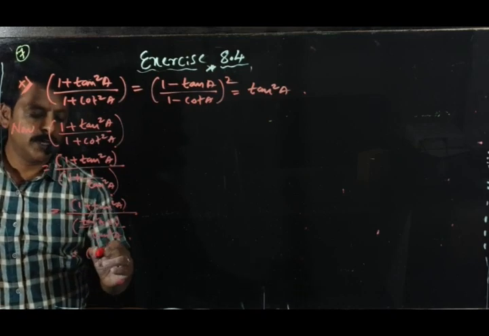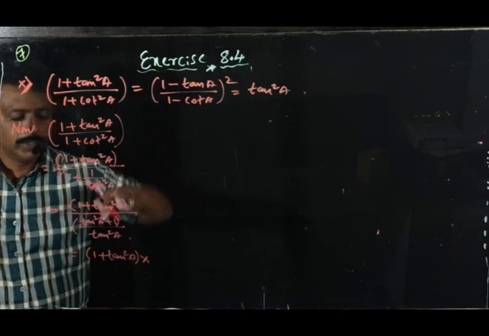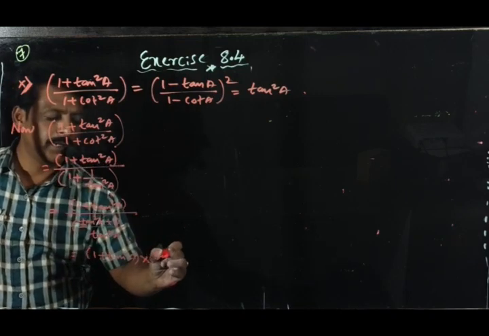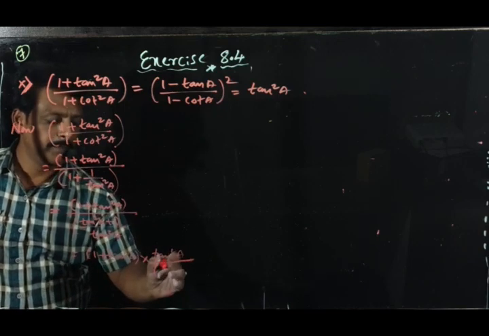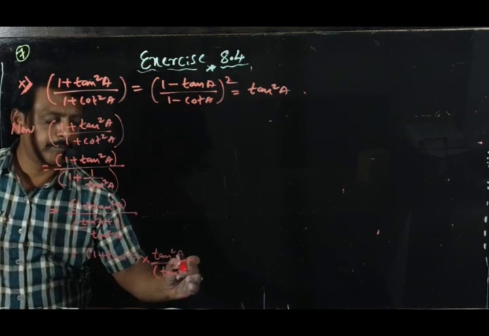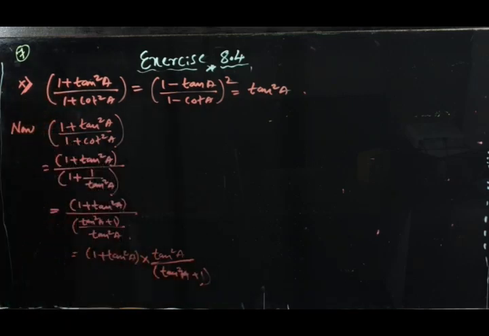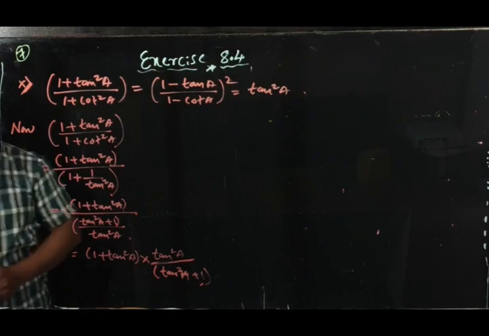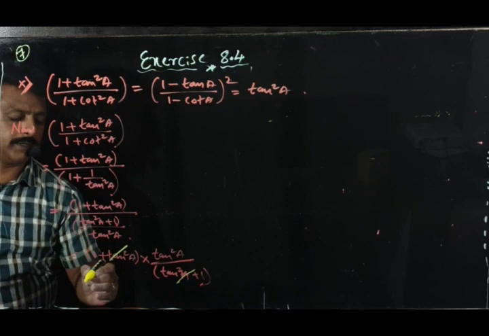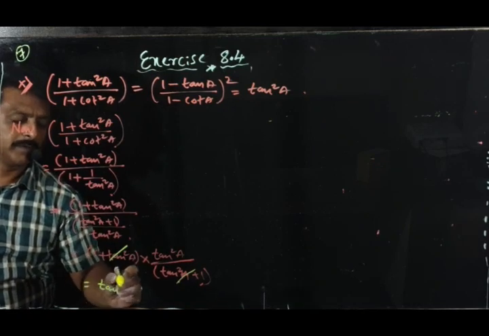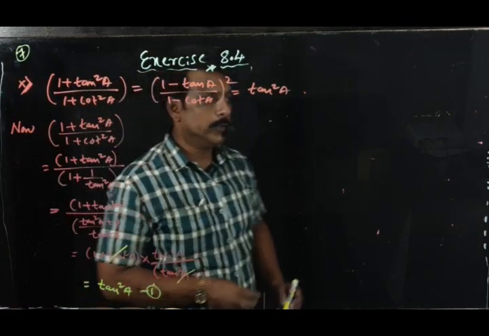So (1 plus tan square A) as it is, into the reciprocal, tan square A divided by tan square A plus 1. All of you observe both brackets: 1 plus tan square A, 1 plus tan square A. They cancel. Then what will you get? Tan square A. So I proved the first bracket is equal to tan square A.